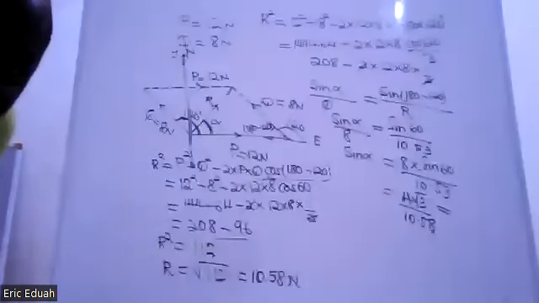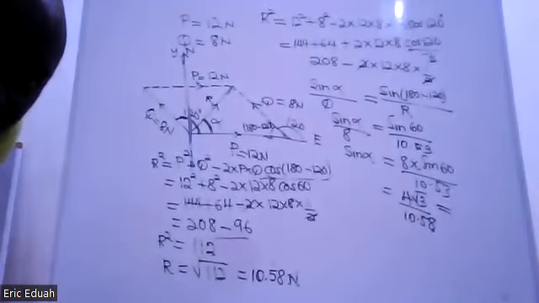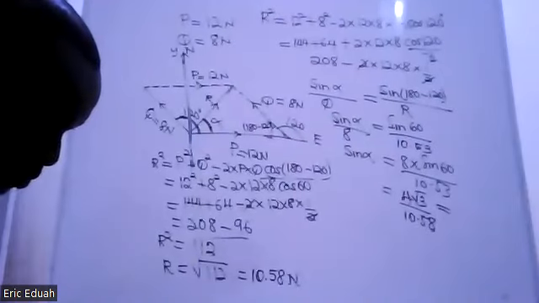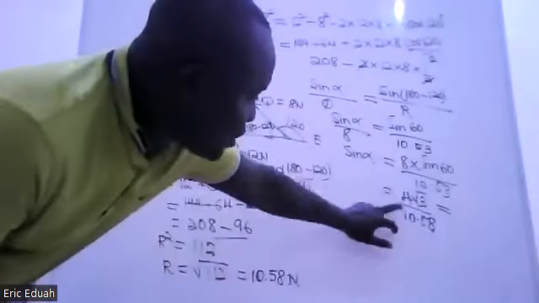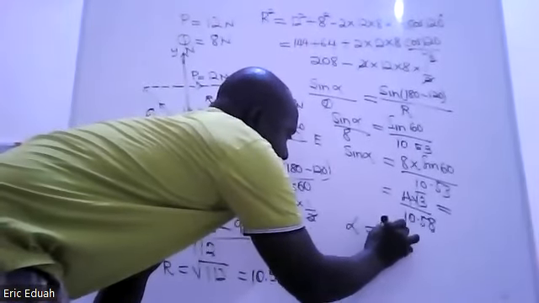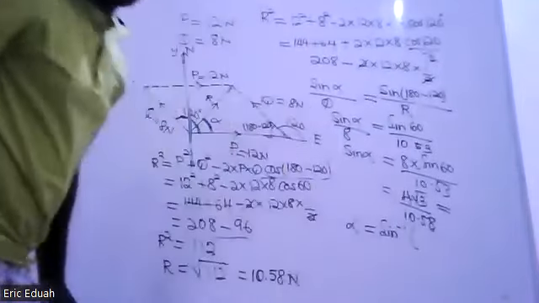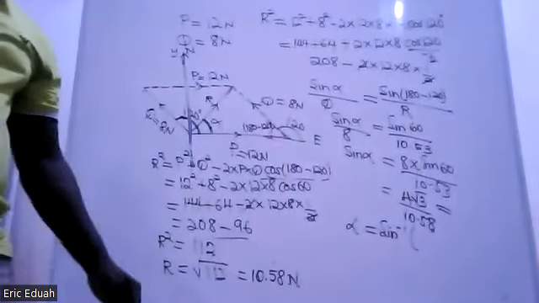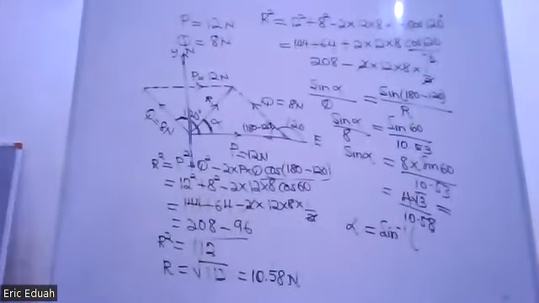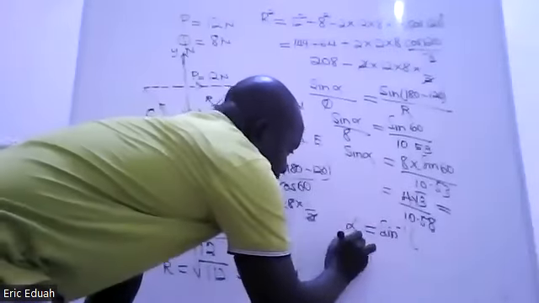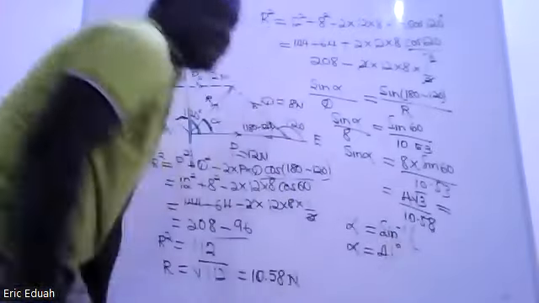Okay, just give me this ratio, then we take the sine inverse of this ratio. 41 degrees. Okay, so alpha is equal to 41 degrees.